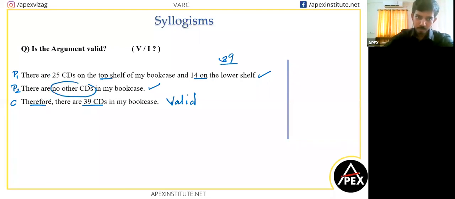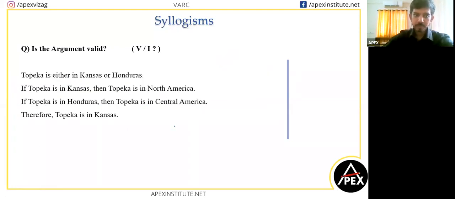This was important because in the absence of this statement, there could have been other shelves with other CDs. So maybe we may not have been able to make this conclusion. But when this is specified as a premise, then we can say, yes, there are only 39 CDs and not more, not less. So this is a valid argument. Let's see one more.